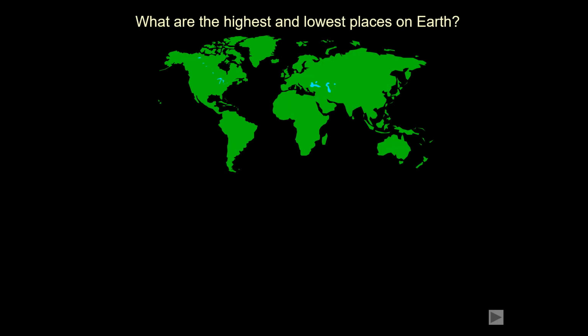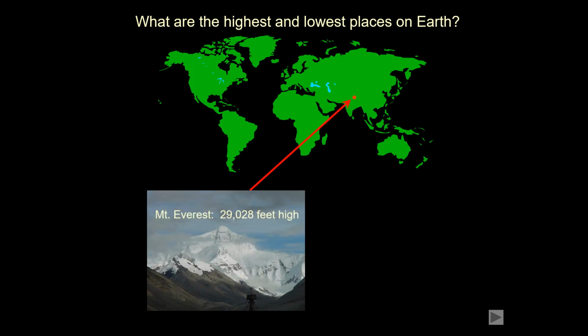And just for fun, let's take a look at the highest and lowest place on Earth. Do you know where they are? Do you know the highest place on Earth and the lowest place on Earth? Well, the highest place on Earth, probably some of you guessed it, Mount Everest, 29,000 feet tall. And that's measured relative to mean sea level, what we call MSL, or mean sea level.